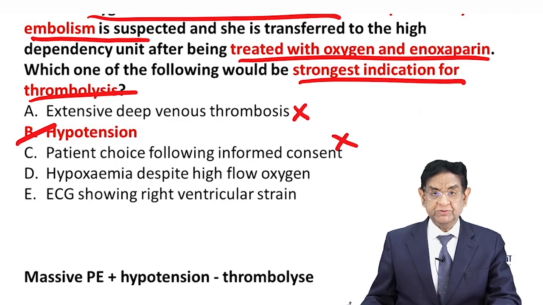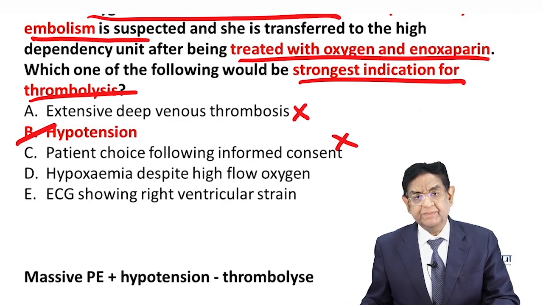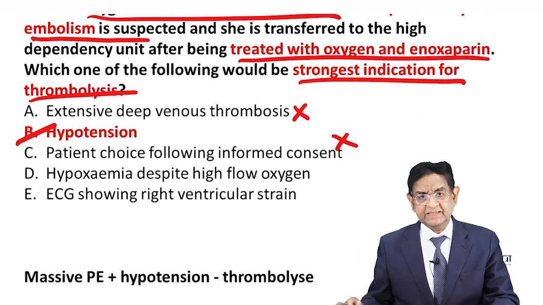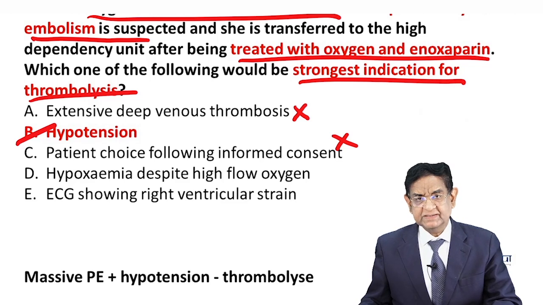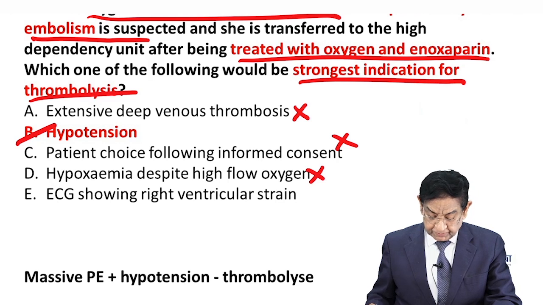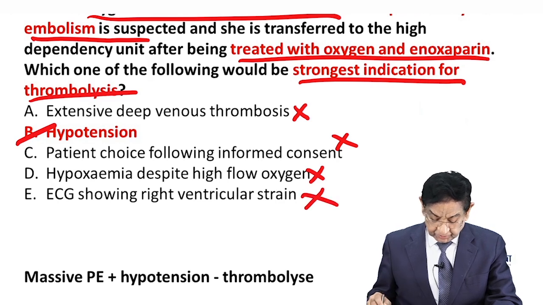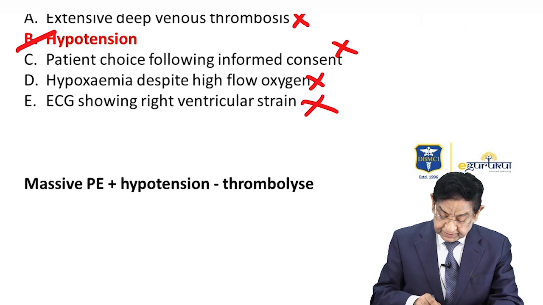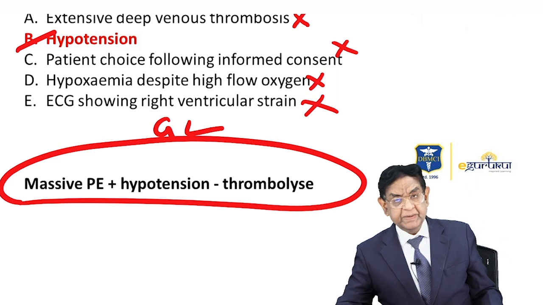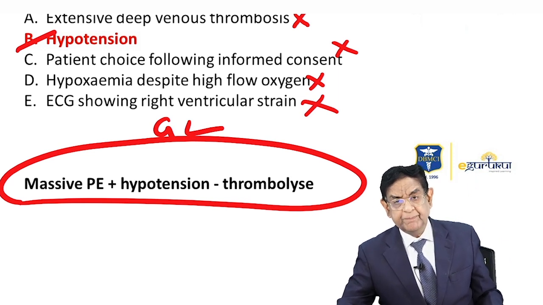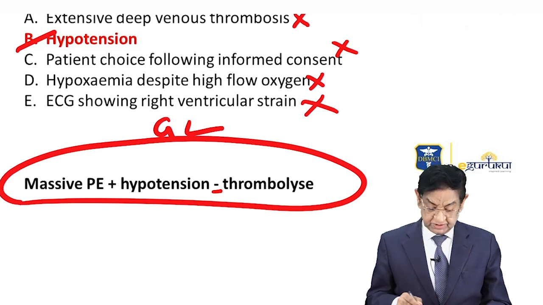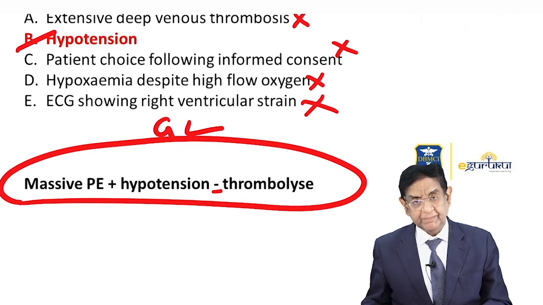The patient has no authority to choose the type of treatment. The type of treatment is decided by the doctor, and once he decides, then he takes the consent. Hypoxemia despite high-flow oxygen, no. ECG showing lysis, no. So friends, the golden line to remember: massive pulmonary embolism with hypotension, then you do the thrombolysis.